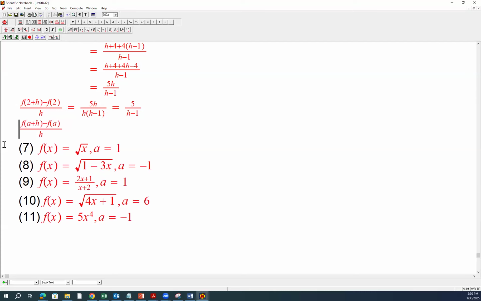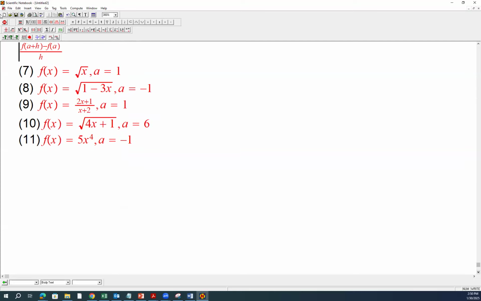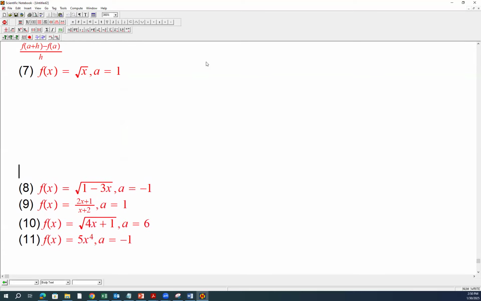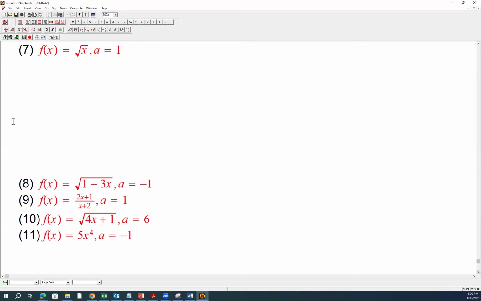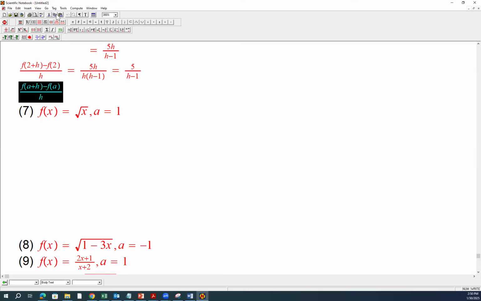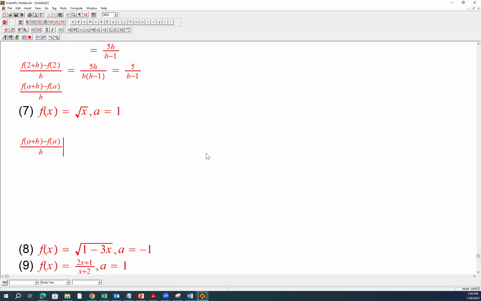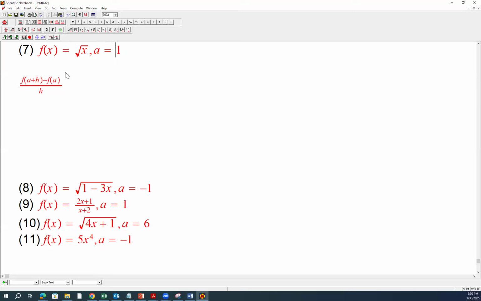We're getting some radicals. Great. So we have even more opportunity to practice our algebra. Number 7. We have f of x and a equals 1, right? So it's 1 plus h.